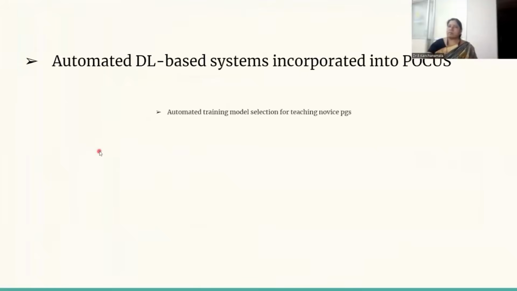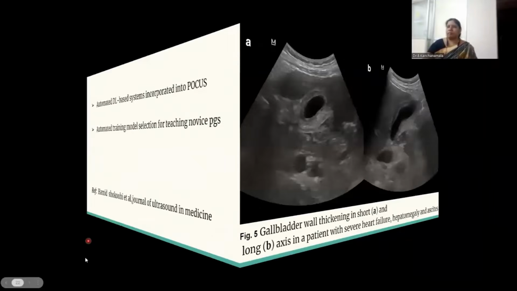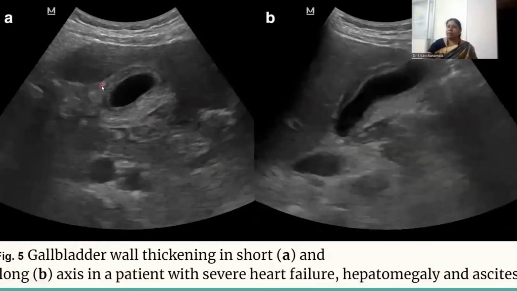Next, we have the automated deep learning based systems which are incorporated. These automated training models help to teach the novice PGs also. Here, there is an image of gallbladder thickening.